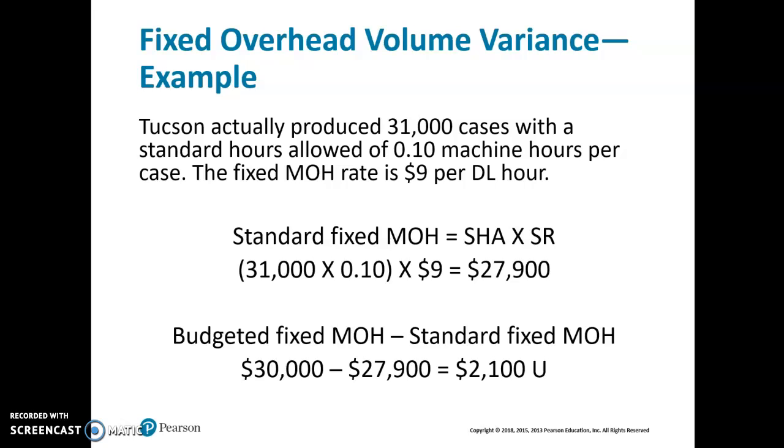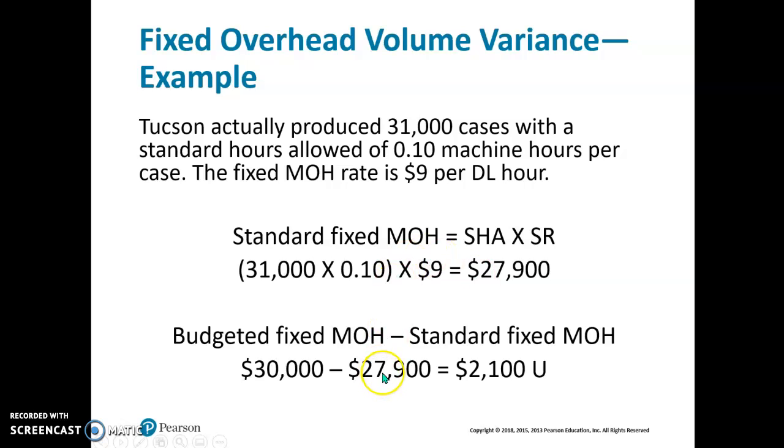So here is some volume variance. This company actually produced 31,000 cases, standard hours allowed of 0.10 machine hours per case. The fixed manufactured overhead rate is $9 per direct labor hour. So we had 31,000 cases times 0.10, which would give us 3,100 hours times $9, which would give us 27,900 for our standard fixed manufacturing overhead.